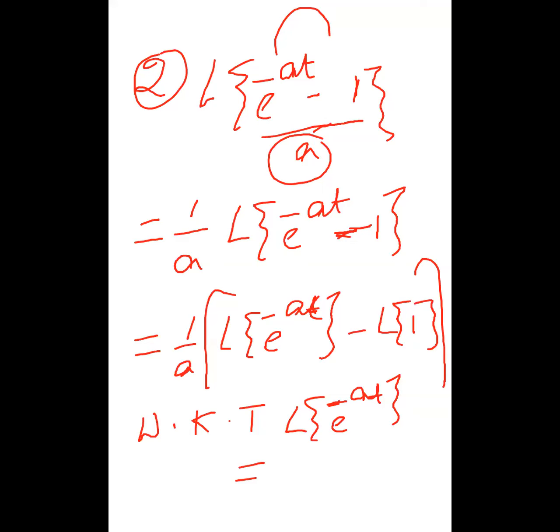So for e power minus at, the reverse of the answer, 1 by s plus a. Suppose in e power at the multiple of a is plus, then we write minus a in the denominator. Here minus a is in the question, so we write the answer plus a. So L of e power minus at equal to 1 by s plus a.